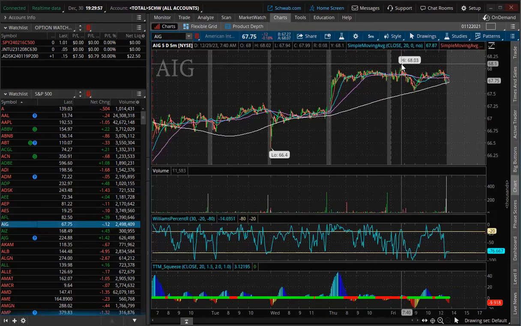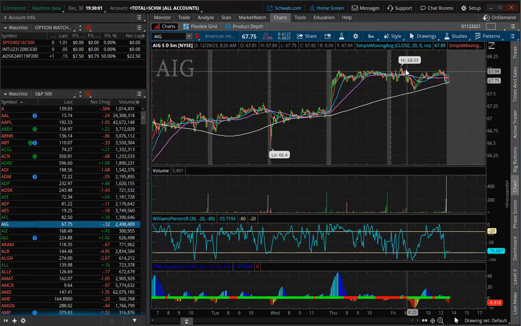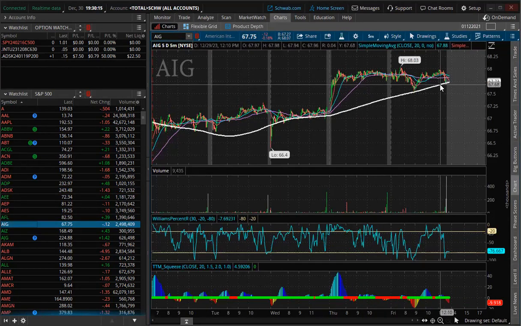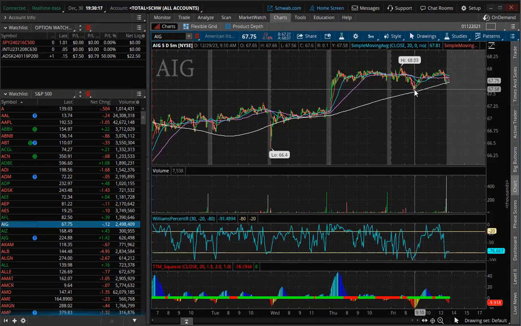So I would probably leave that one alone just because. You see here, AIG hit the high, went down immediately, down 68, down to 67. Okay, went down $1. But a lot of time, this 200 simple moving average acts as support for the prices on the way down.